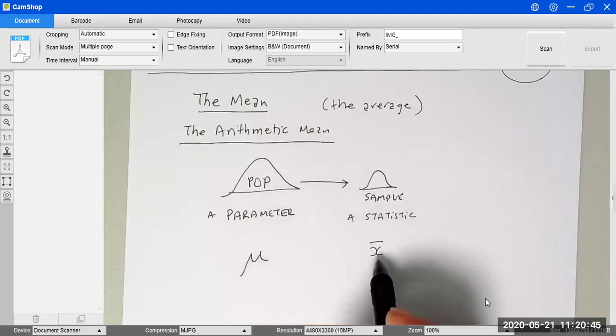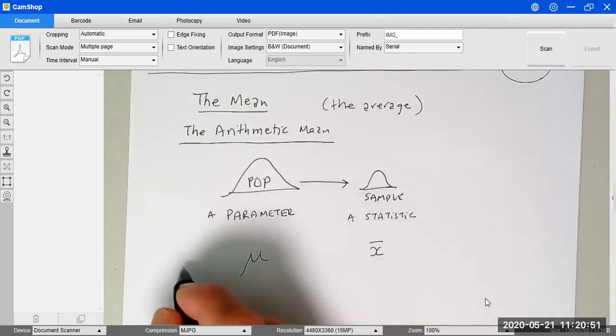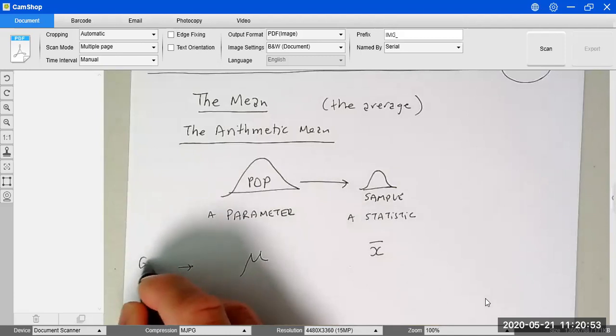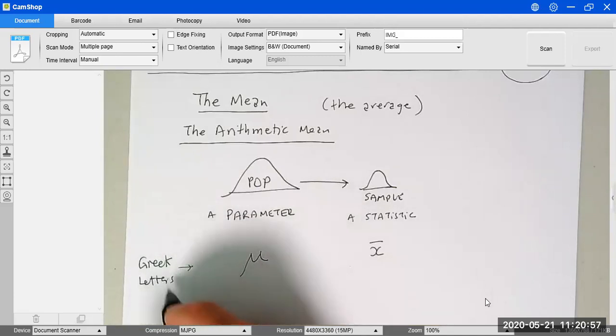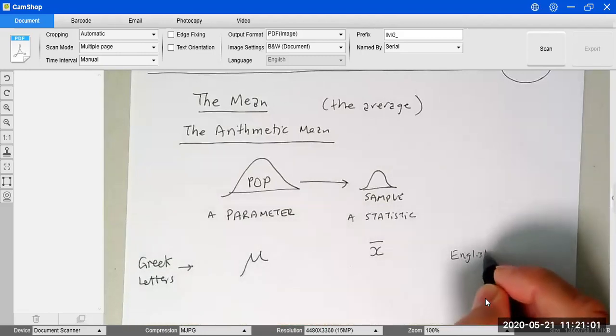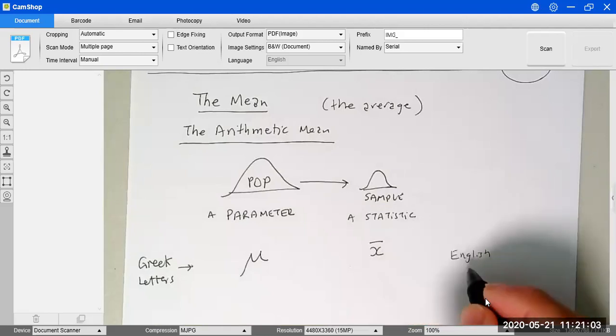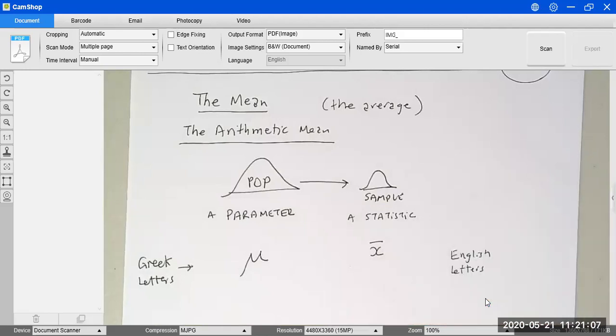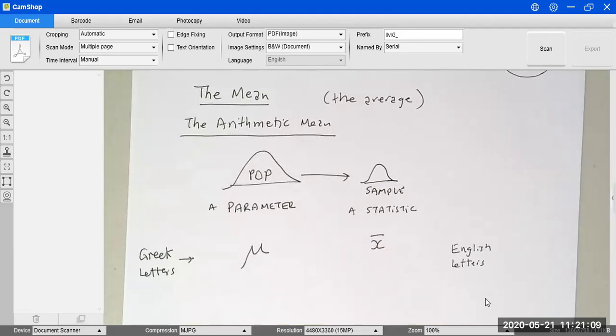If you see x bar, you know that they are talking about the sample. So as a general rule, we're going to use Greek letters to identify parameters, and we're going to use English letters to identify any statistic. Remember, a statistic is just a number that comes from the sample.